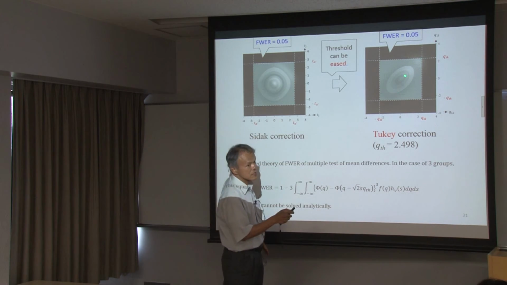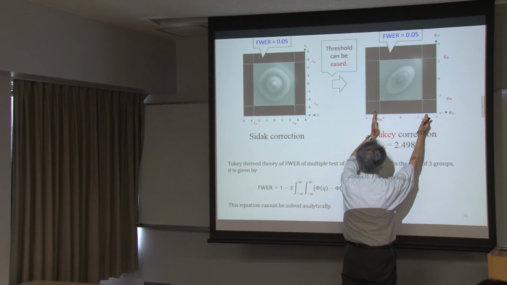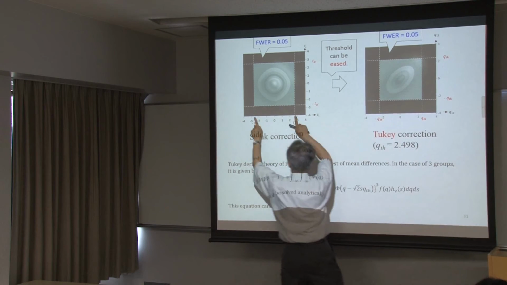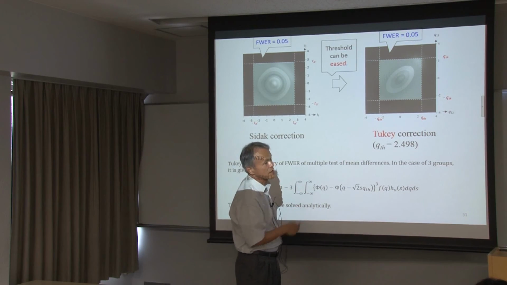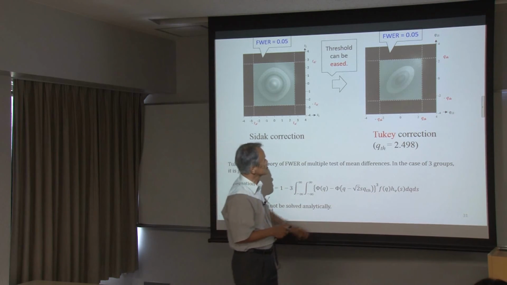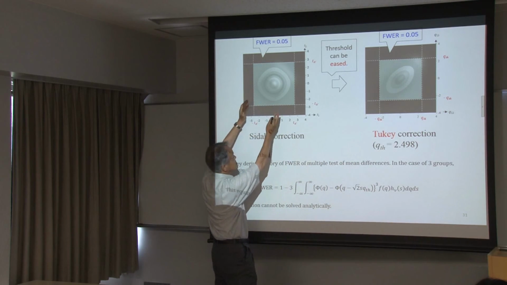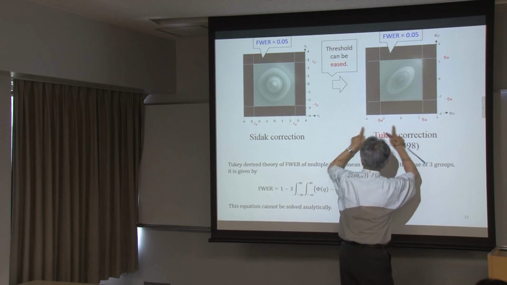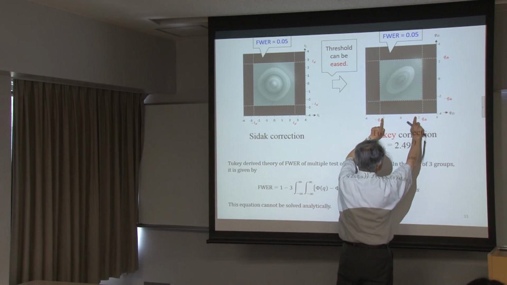But in this case, the absolute value of this threshold level should be made smaller than this one. Then this black area becomes 0.05. Because of this shape, it is concentrated more to the center. So this threshold can be made narrow.